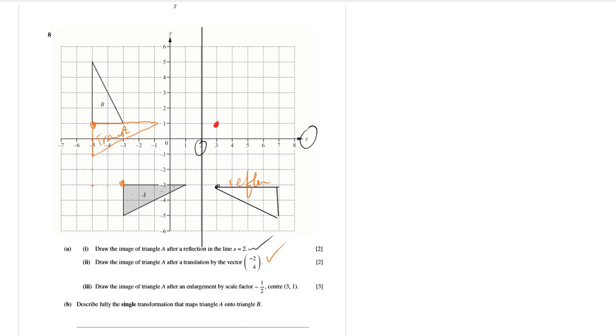Okay, so I'm taking one point and extending the line through 3, comma 1. This was the point. So take the line and extend it.